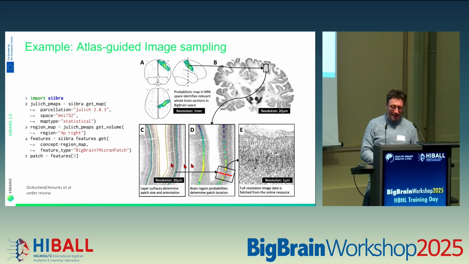So it uses the cortical layer maps to identify a profile going along the cortex, understand what the thickness of the cortex is to define the size of the patch, and then it extracts a 1 micron resolution cortical image patch that is very likely to belong to the brain region we used as a query. So that's 3 lines of code here, but of course a lot of stuff happening in the background, a lot of interactions with data that lives in different coordinate spaces and so on.